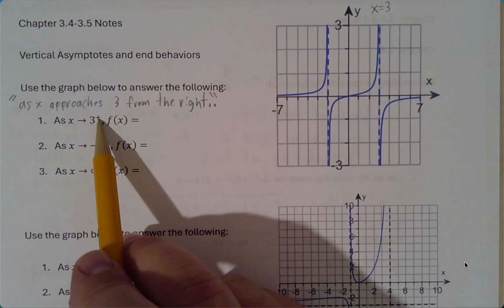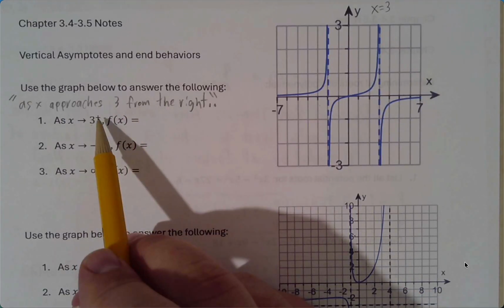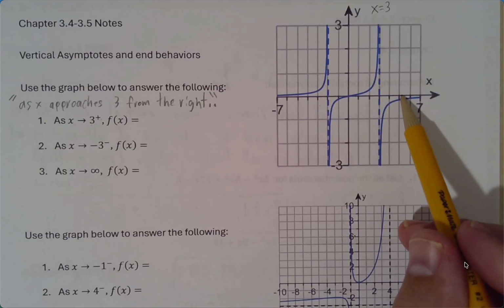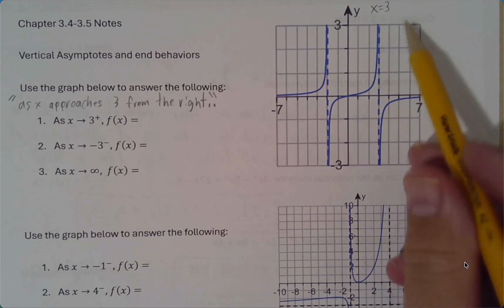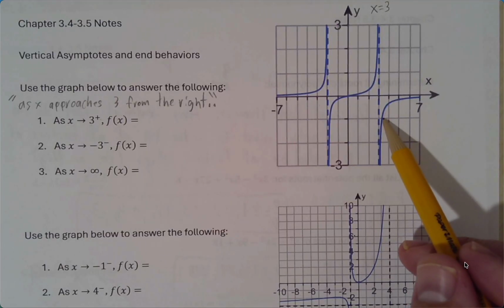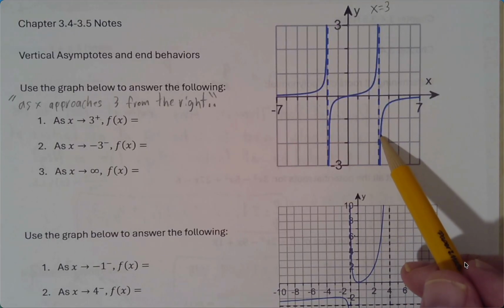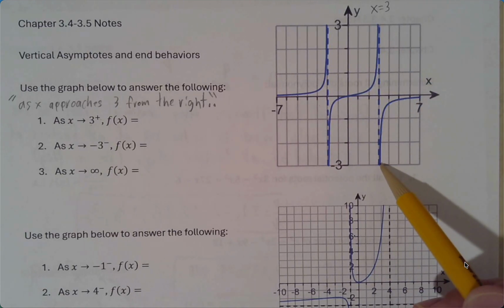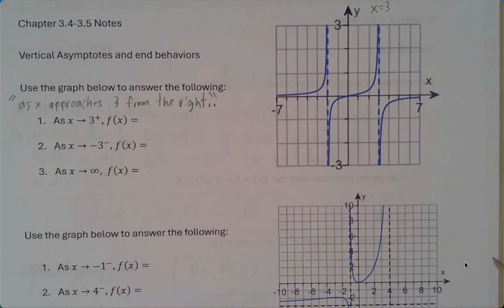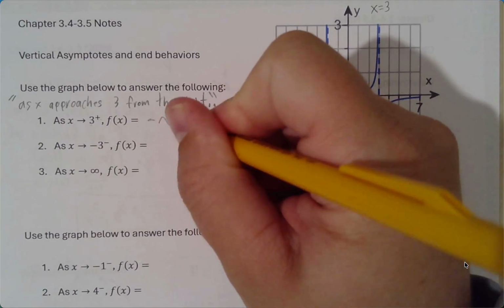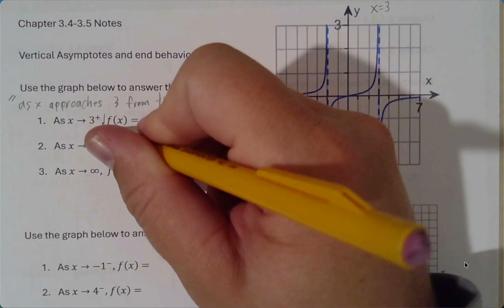That plus as an exponent means from the right because it's positive. So from here, look to the right, find where the graph is to the right, and now follow it backwards. Now, what is this graph doing? As I go backwards towards 3, but I'm on the right side of 3, I end up going down forever. And we have a mathematical symbol for down forever. It's negative infinity.